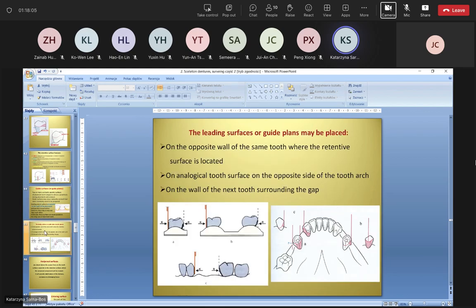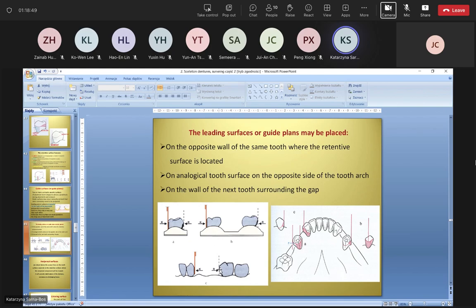The leading surfaces or guide planes may be placed on the opposite wall of the same tooth where the retentive surface is located. So this is that example. Once again, they can be placed on the opposite wall of the same tooth where the retentive surface is located, on the analogical tooth surface on the opposite side of the tooth arch, like you see here in that example, and on the wall of the next tooth surrounding the gap.